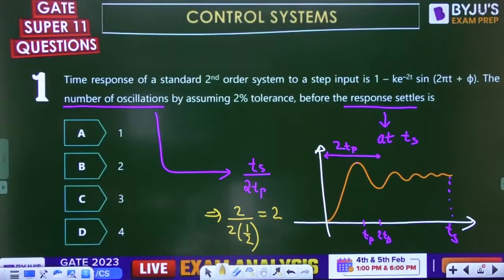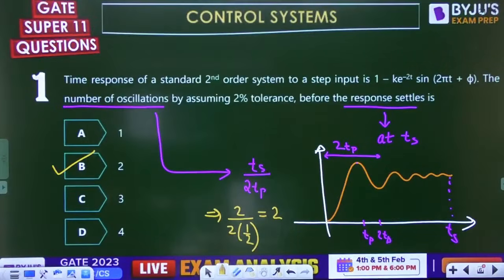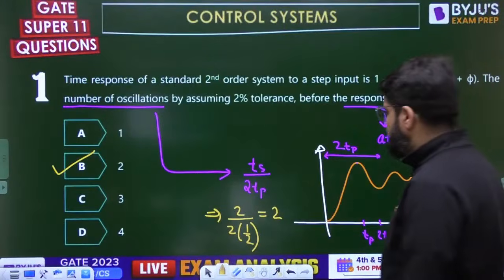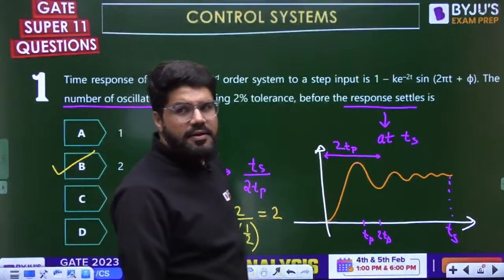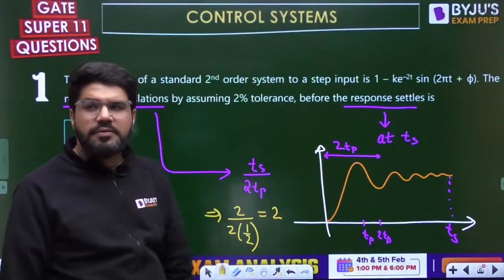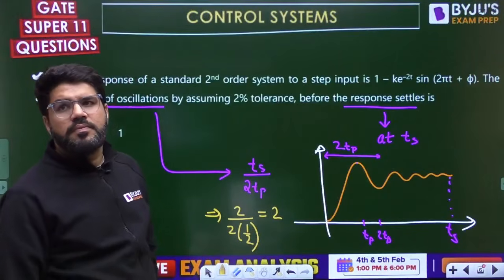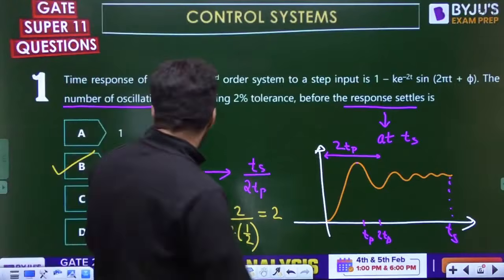Yes, it will only have 2 cycles till the settling time, as per the given data. Clear? All right. Done. Option B. Yes.